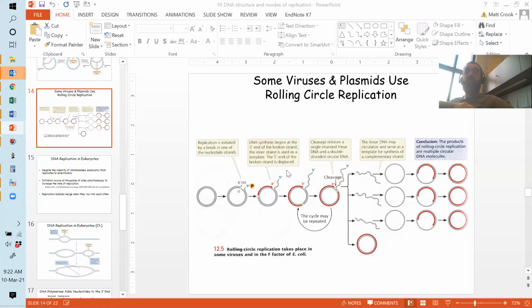And so this is very, very fast, because you don't have to do both at the same time. So that kind of gets around some of the issues that we have with the whole anti-parallel nature of DNA. And it generates lots and lots of copies, right?